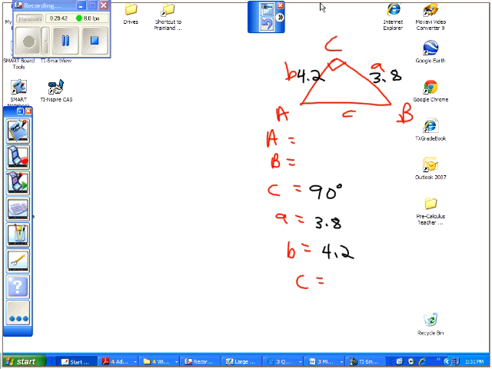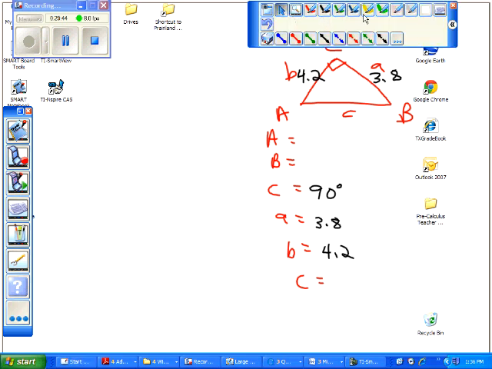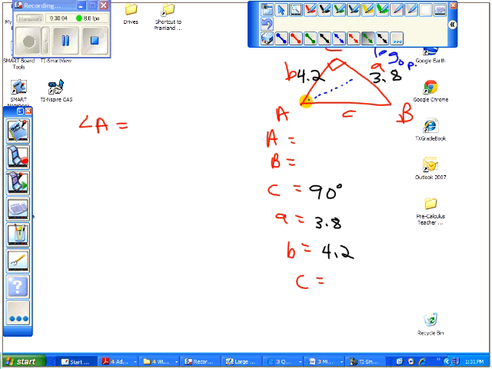So let's just say that we want to find angle A first. We would see how the sides given are related to angle A. The 3.8 is the leg opposite. The 4.2 is the leg adjacent. Leg opposite, leg adjacent is tangent.